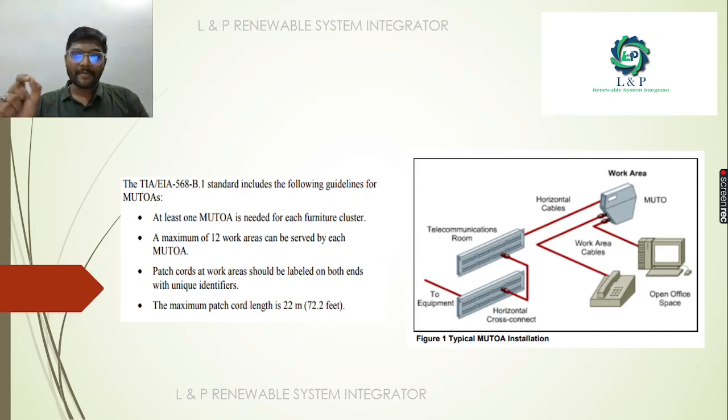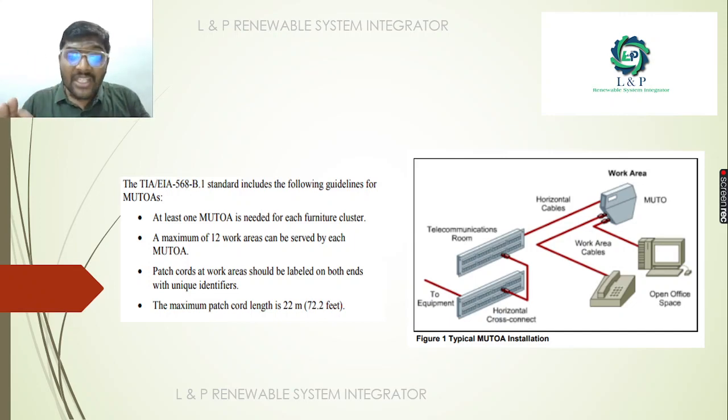So we have standard guidelines that we should follow, especially when you establish multi-user telecommunication outlets. At least one multi-user telecommunication outlet is needed for a furniture cluster. A maximum of 12 work areas can be served by each multi-user telecommunication outlet.